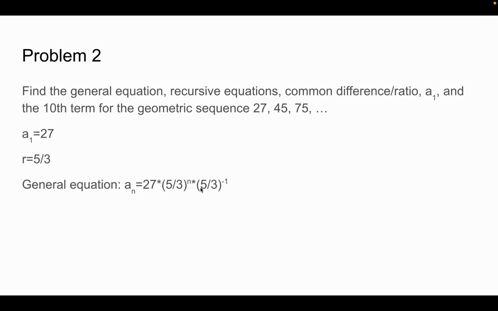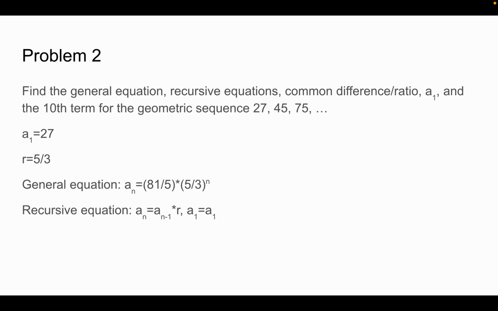And 5/3 to the power of -1 is the same thing as saying 3/5, because when it's a negative, it's a reciprocal, or you just flip the fraction upside down. Now we can just multiply 27 by 3/5, and we have a simplified version of the original general equation.